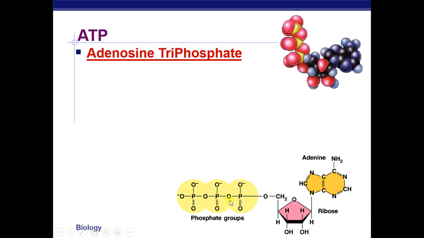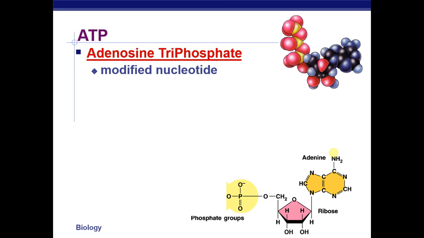But we just add two extra phosphate groups. So its structure is very similar to a nucleic acid nucleotide. So that would be the nucleotide right there, and it just has two extra phosphate groups.